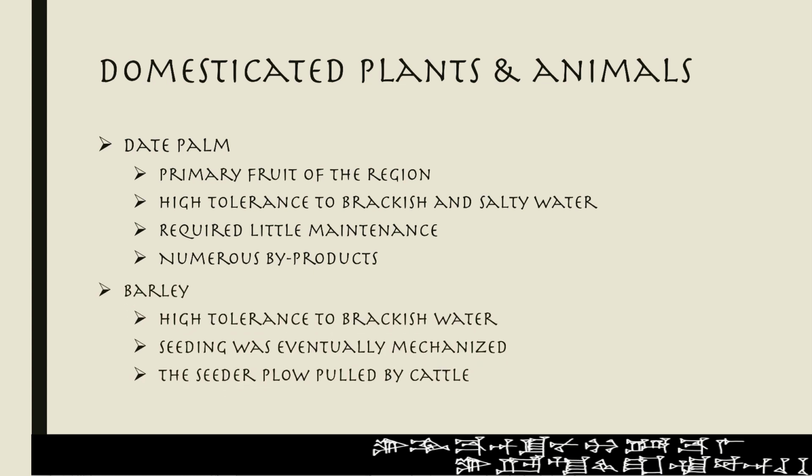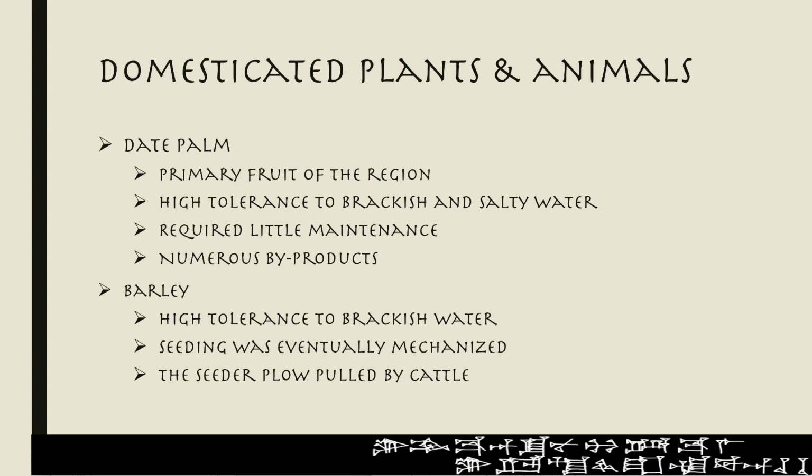Barley was a staple product. Again, it had a high tolerance to brackish water. The seeding and the plowing process was eventually mechanized by the use of the cedar plow. This was a great invention in the area and allowed for much longer fields to be plowed and seeded, given that the plow did not have to be turned as often on a long field.